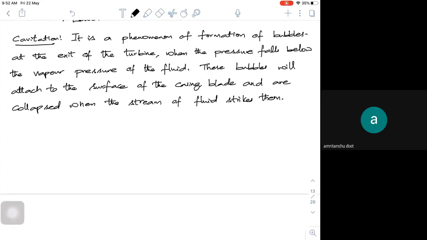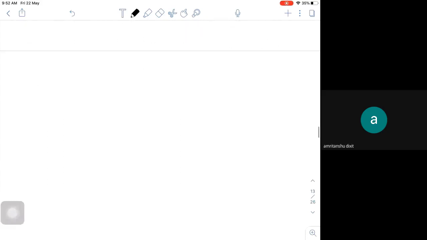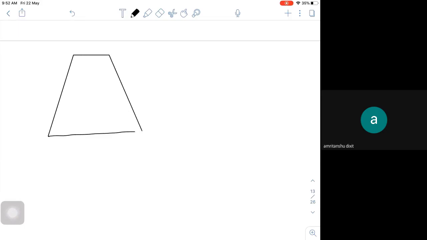Now, to avoid this cavitation, we need to look into the draft tube. Okay, how to avoid this cavitation? I do have a draft tube something like this. Just I'm writing a simple one. It can be any type of draft tube.